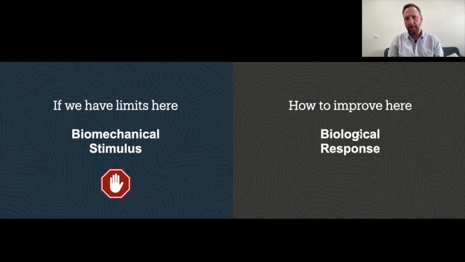This is one way to go. Or how can we make it respond faster? With the same amount of stimulus, the same physiological force, so we won't need to apply more force, we can have a better and faster biological response, a better bone remodeling process.